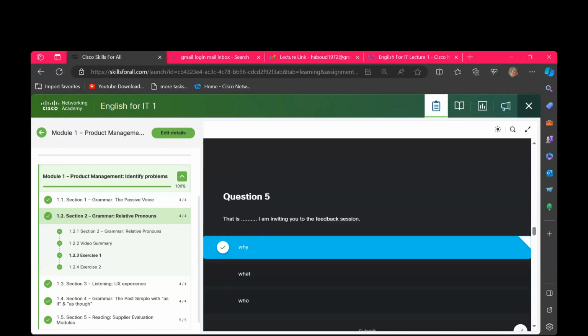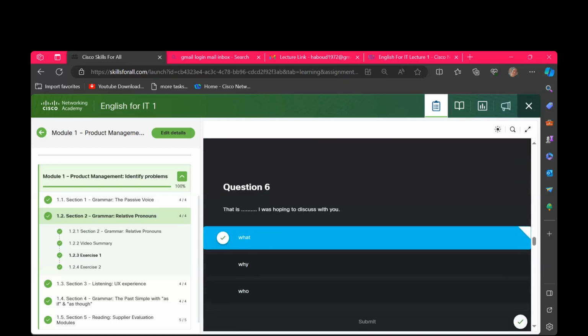Question number 5. That's space I am inviting you to the feedback session. So it is a reason here. That's why I'm inviting you. That's why I am inviting you to the feedback session. Okay. Excellent. Question number 6.